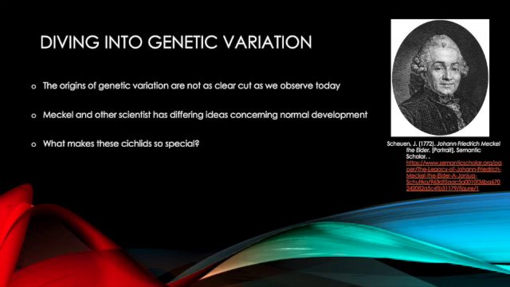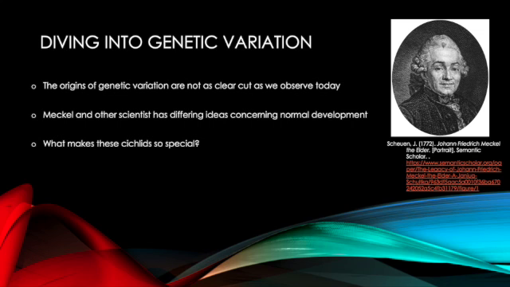In the early 19th century, those in the scientific community began to question the root of normal versus abnormal development, and began calling this sort of difference in development monstrosities or malformations. Many of these scientists had their own theory as to how these malformations arose during development.